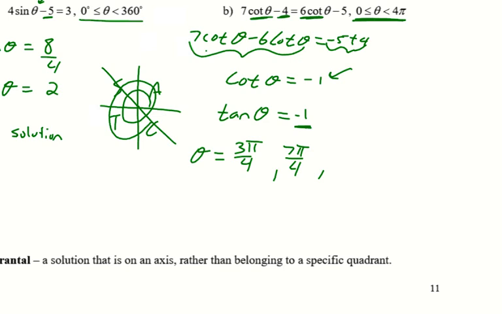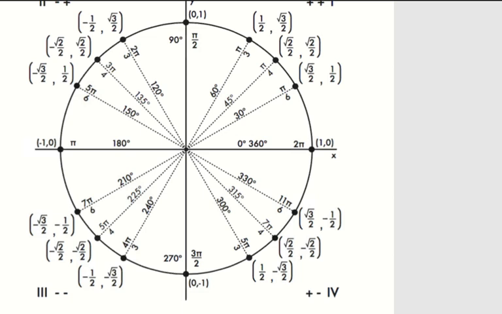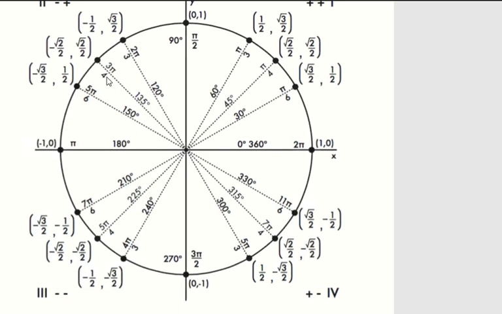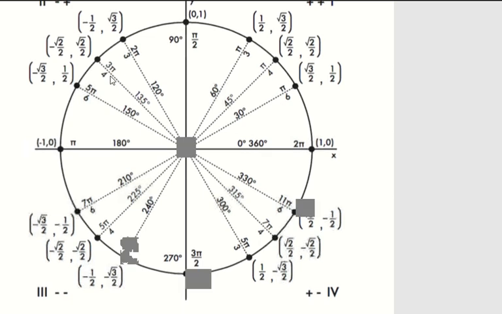And then for the other ones, here I just want to show you how we could have got that 7 pi over 4. We could have got that just looking at our formula sheet here. I want you to see 3 pi over 4 is up here, 7 pi over 4 is down here. That is 180 degrees away, or pi away, right? That's pi radians away.